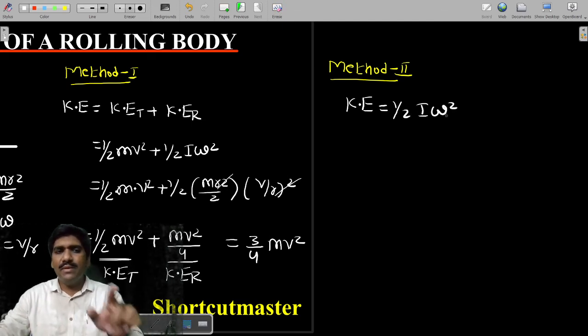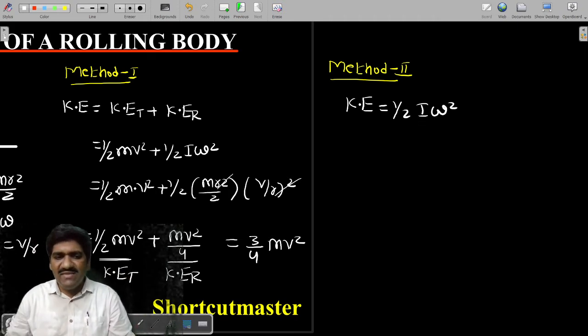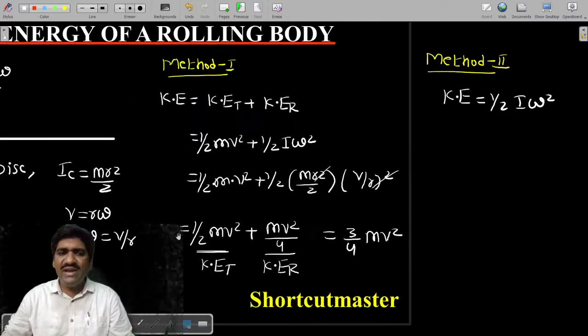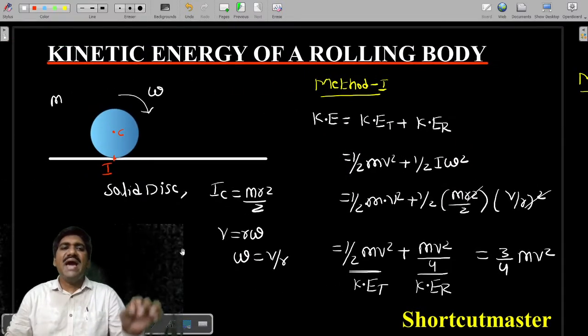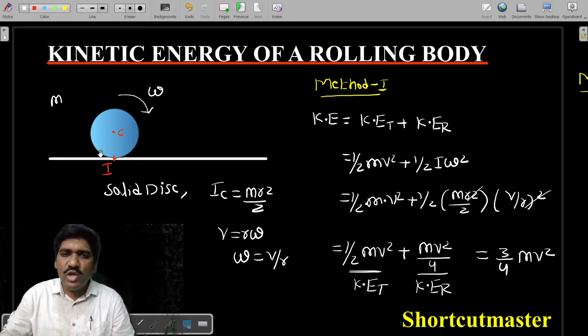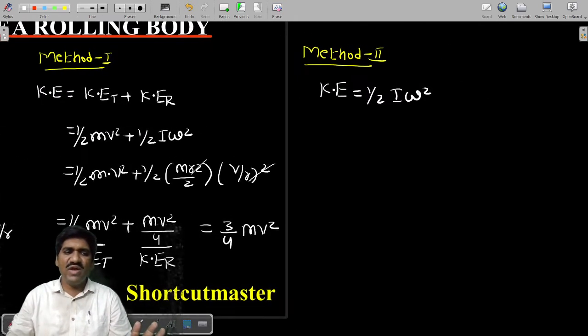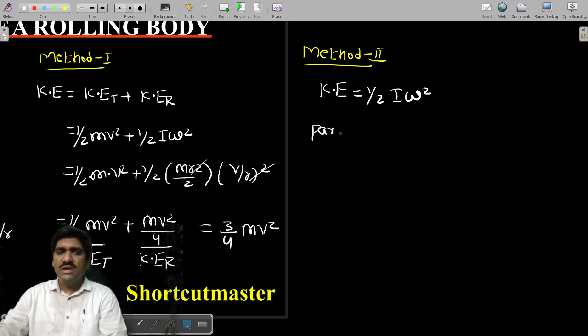But the problem here is the value of I. In the previous case, we determined I with respect to the axis of rotation, but in this case we have to find the moment of inertia about the instantaneous center I. Therefore we have to apply the parallel axis theorem.